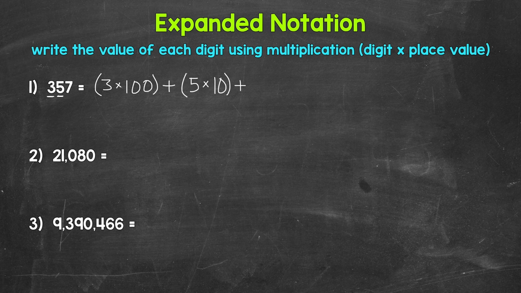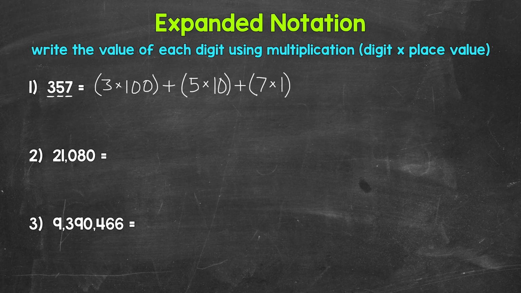Plus, and then lastly, we have a 7 in the ones place. So start our parentheses. Our digit is a 7 times, and then that 7 is in the ones place, so times 1. And then we can end the parentheses. That 7 has a value of 7 ones, 7 groups of 1, which is just 7.